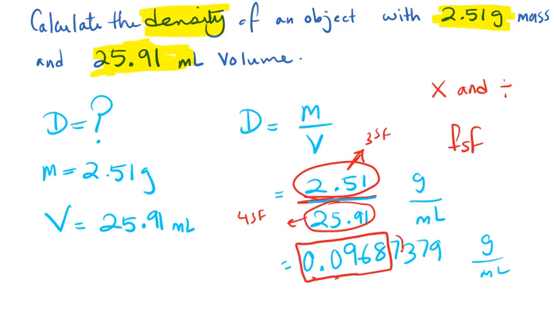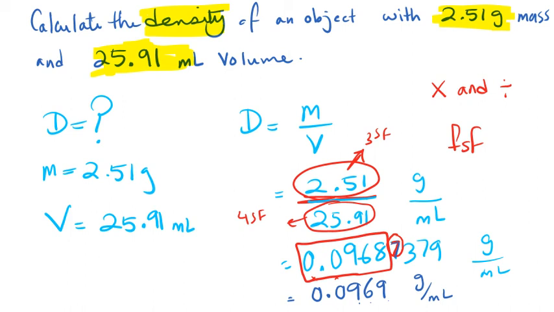Look at this digit, it is 7. It's greater than 5, so we need to round up our number. So I say 0.0969 gram per ml. So we round up, and this is the correct answer for this calculation, 0.0969. Please understand, here we have 3 significant figures.